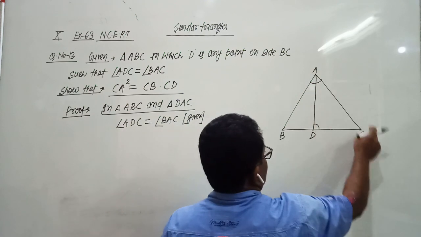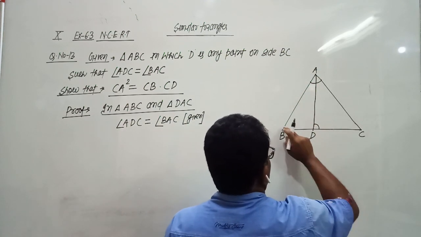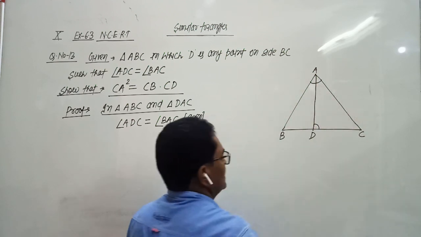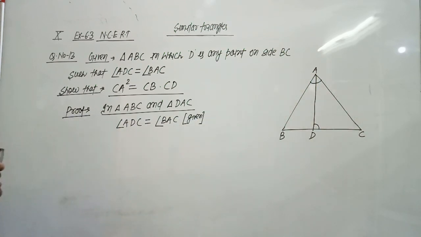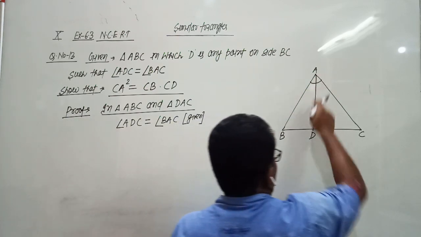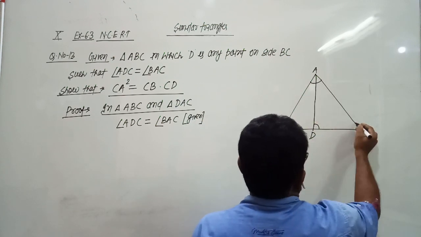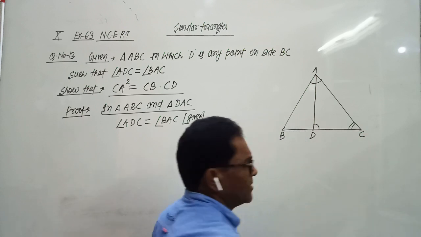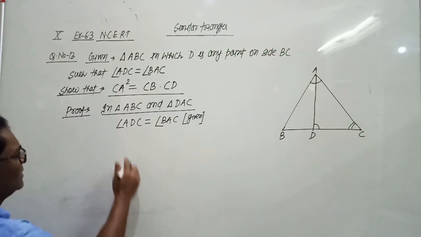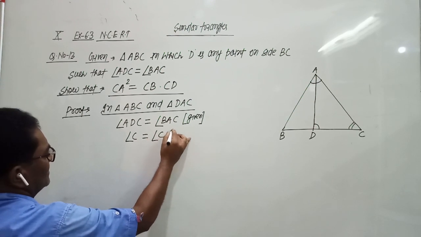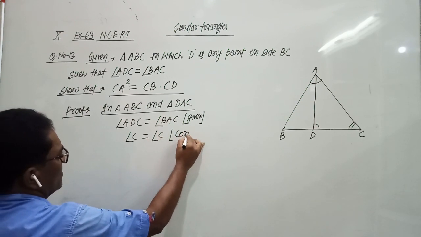In triangle DAC, angle ADC and in triangle ABC, angle BAC are equal. And angle C is common for both the triangles. So angle C equals angle C, common.